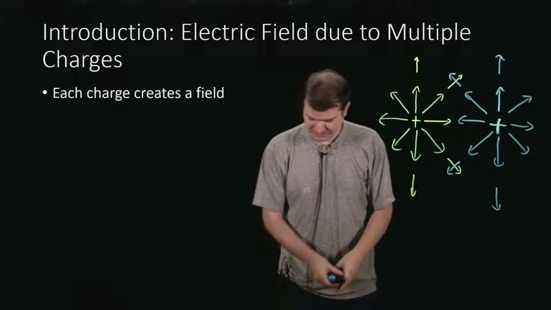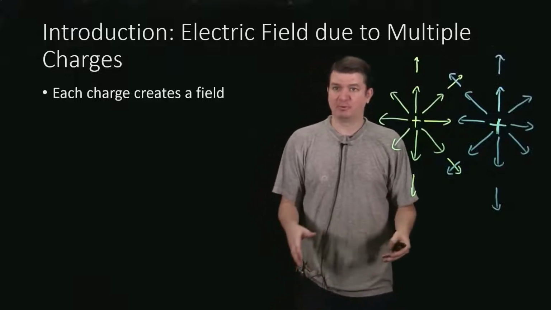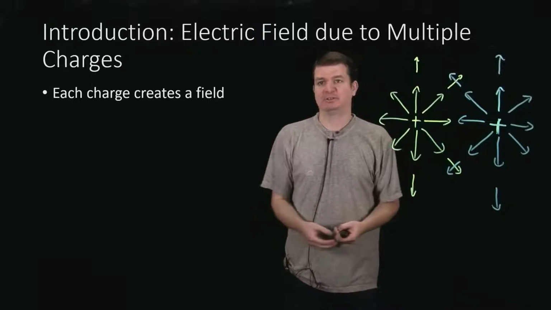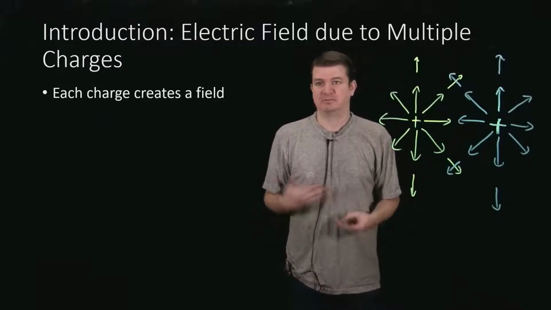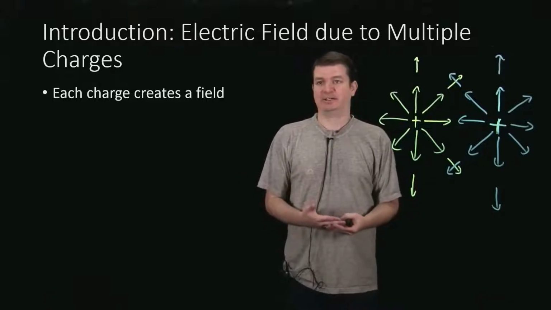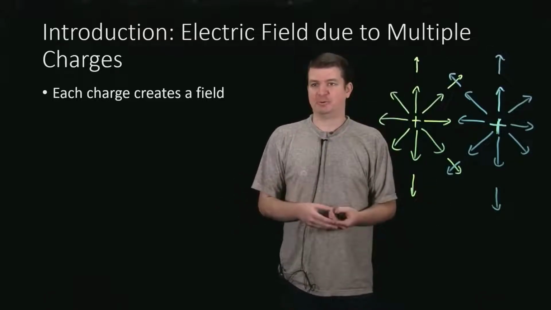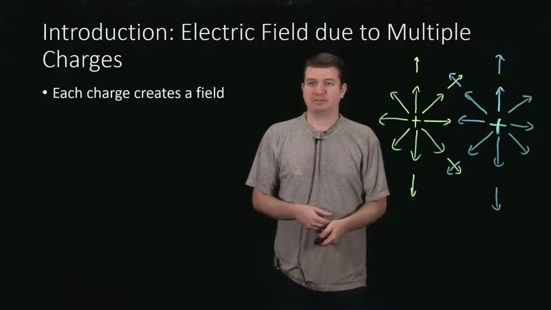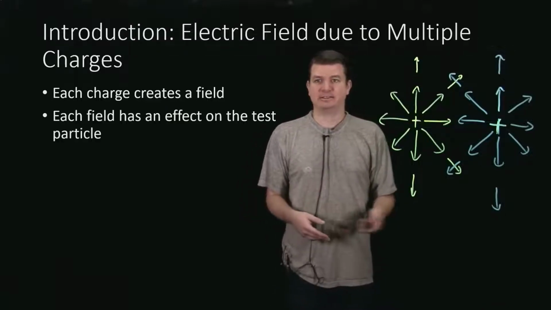Well, remember that the field is nothing more than basically the force divided through by the test charge that we used to measure the force. And we certainly know what to do if we have multiple forces. Forces are vectors, they add like vectors, and then you get a net force. So it should come as no surprise, really, that what we're going to do here is add these individual things.